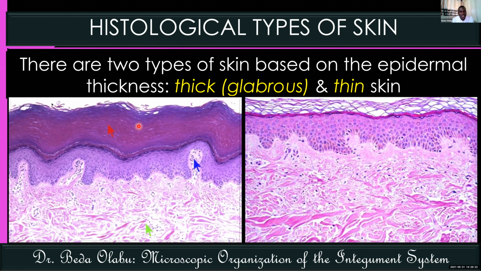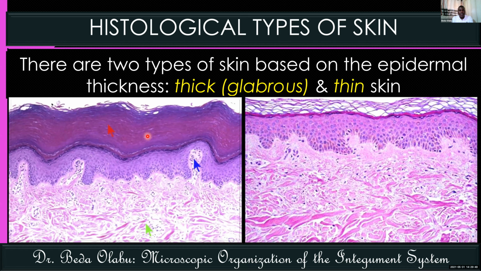There's a type of skin that has a very thick keratin layer. As you can see on your left-hand side, the keratin layer is even thicker than the cellular layer. Very thick. This type of epidermis, this type of skin, is called the glabrous skin. You can call it thick skin.